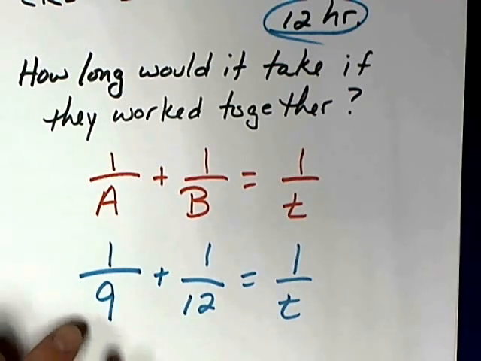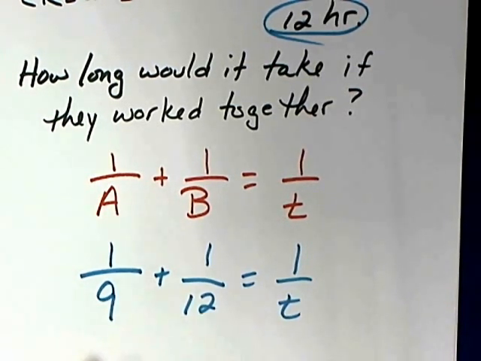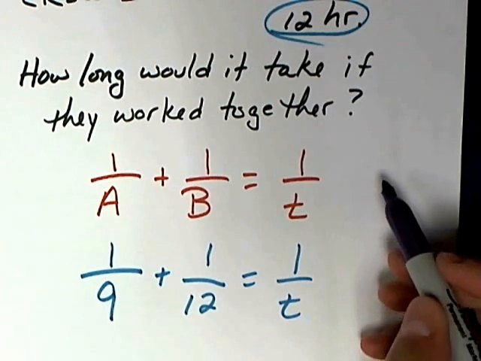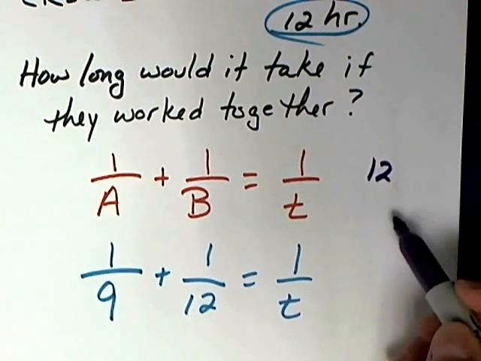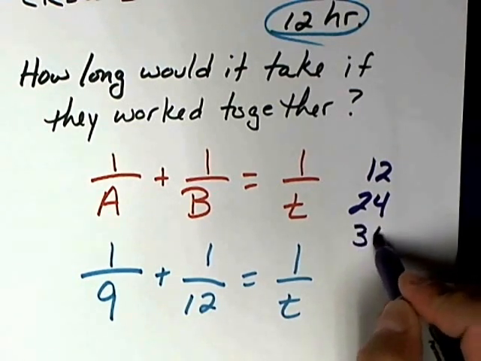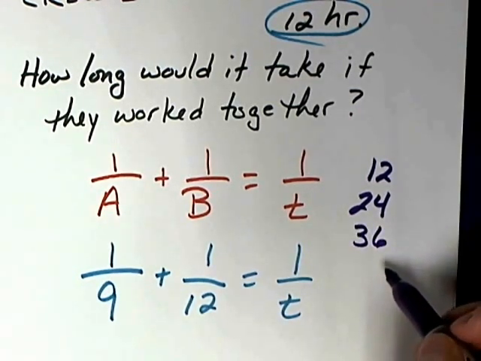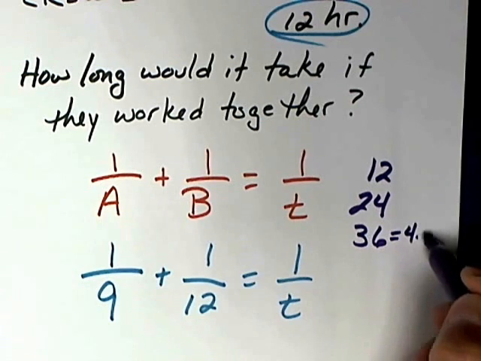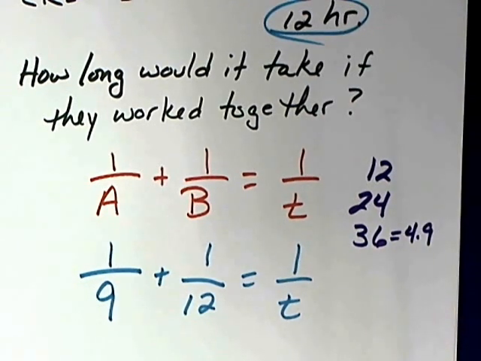Well, I'm pretty good with my multiples of 9, but maybe not so much with 12. I'm just going to go off to the side and list my multiples of 12. Let's see, 1 dozen is 12 cookies, 2 dozen is 24 cookies, 3 dozen is 36 cookies. Oh wait, 36. That's also 4 times 9.